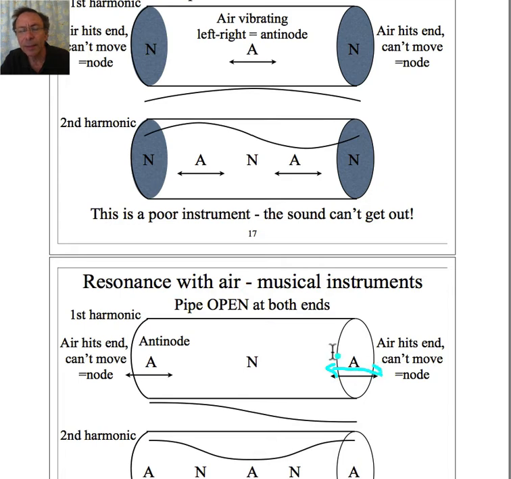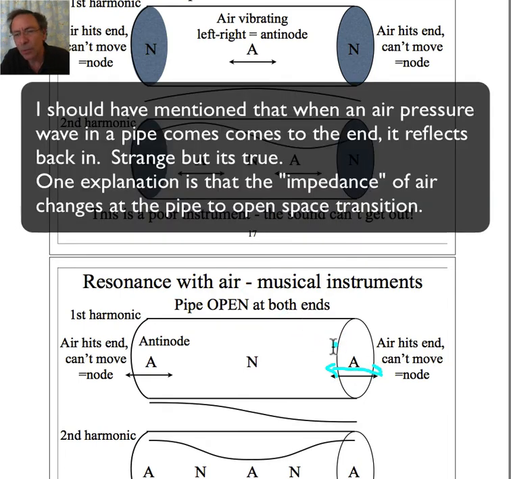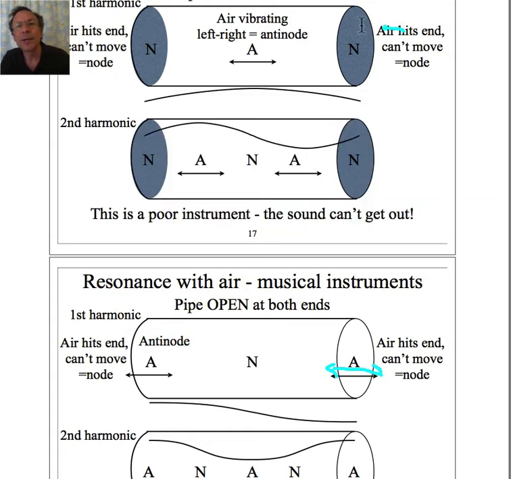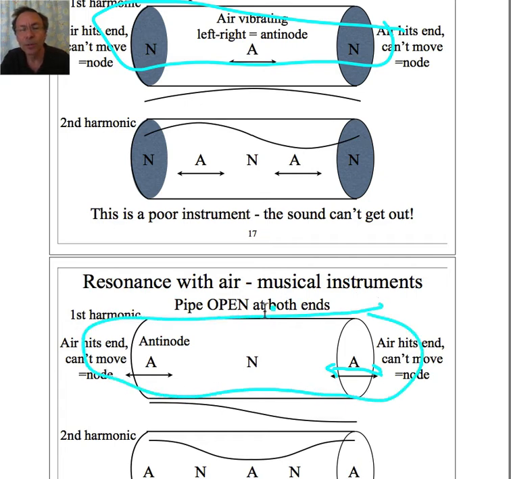And in fact, it's so trivially easy that this makes an antinode happen here. So you get an antinode at an open end, another antinode at the open end, and you're going to have a node here. So if you compare this one with this one, the roles of nodes and antinodes have been swapped.